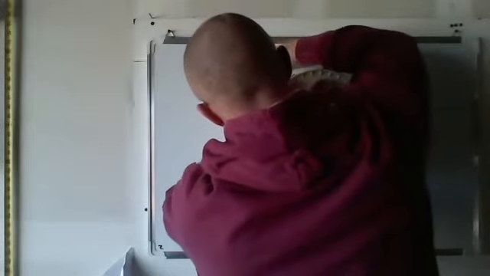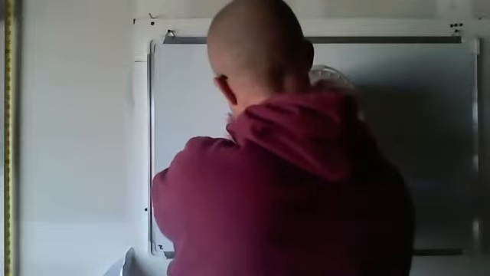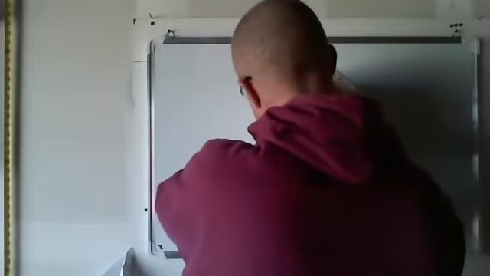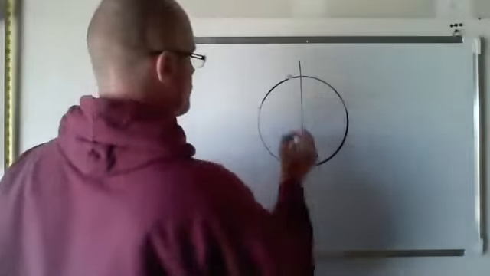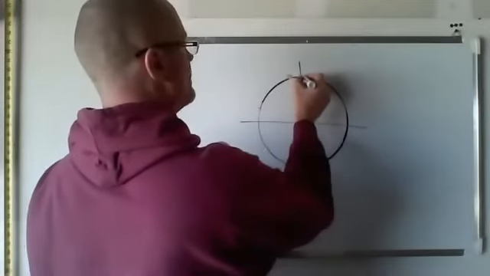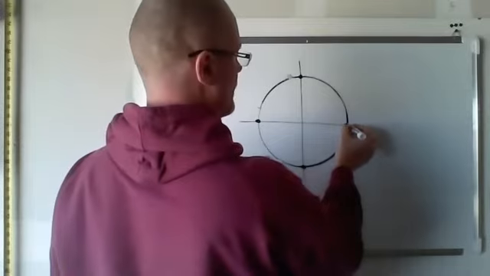And some of these are really more important than other ones. Some of the really important ones here are the quadrantal angles, which means the angles that rotate you to the 4 quadrants.